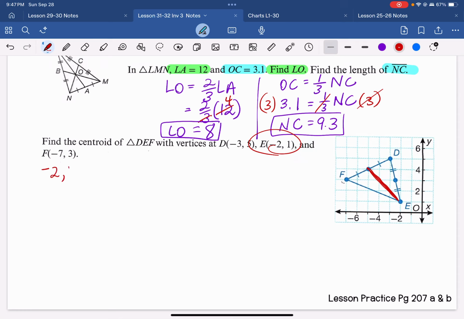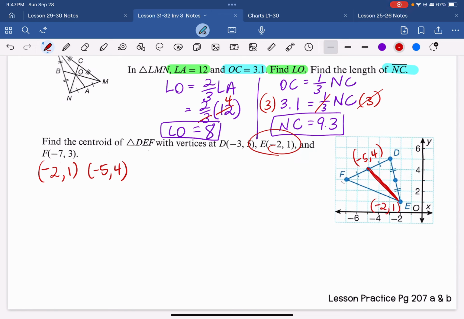Negative 2, comma 1, right? We need to find this point right here, which looks like it is at negative 5, 4. Do y'all see that? I'm going to write that down, negative 5, comma 4, and I should probably write it here too, so you can look back at your notes and tell where this came from. And then this was negative 2, 1.